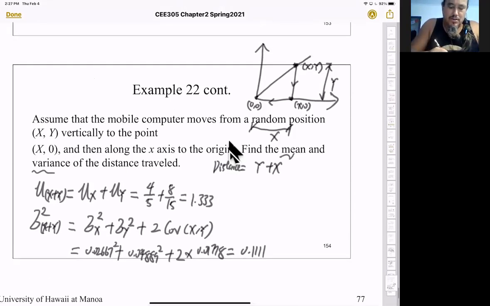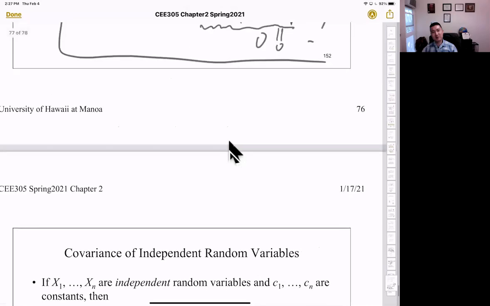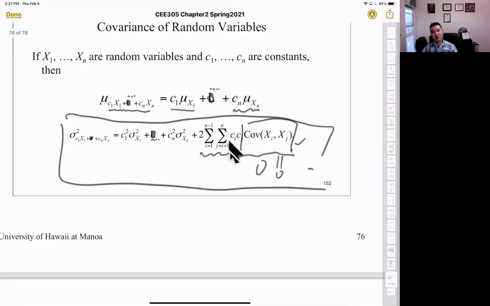It's based on this equation for the variance. C1 is a constant. In our case, C1 is 1, and C2 is also 1. And the 2 is the constant 1 times 1 for the covariance.